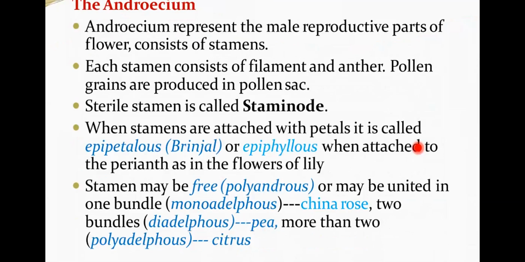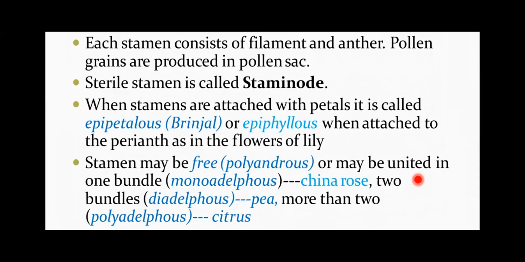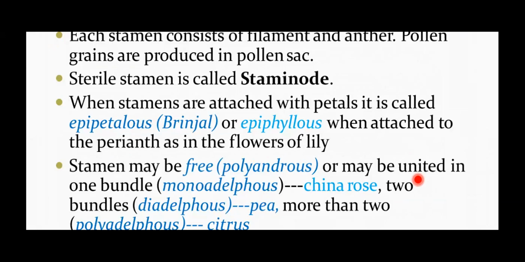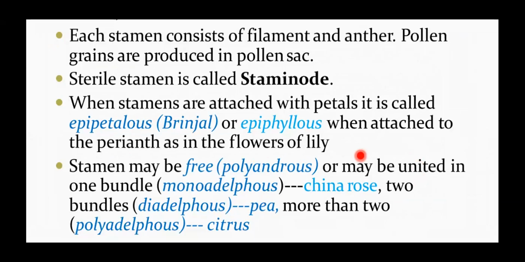The stamens of flowers may be united with other members such as petals, or they can even unite among themselves, students. When the stamens are attached to petals, the condition is said to be epipetalous, as you find in case of brinjal. When they are attached to the perianth, the condition is said to be epiphyllous, as in case of lily.